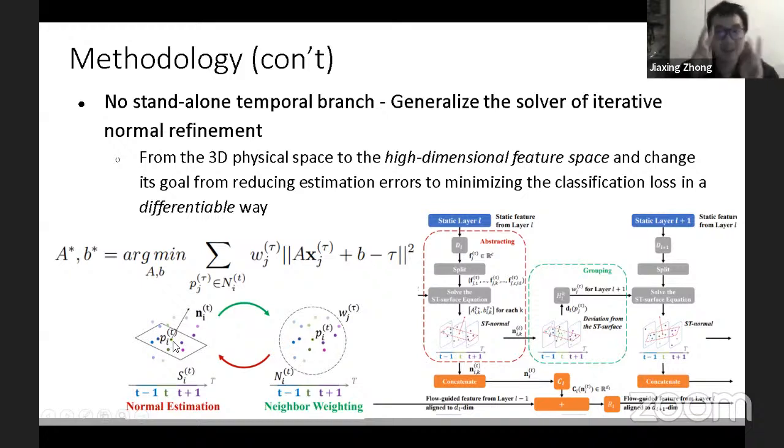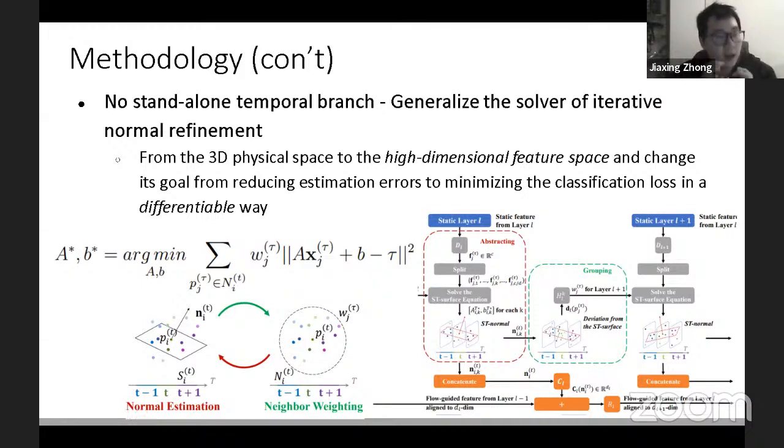Since these two steps correspond to each other, we can do some things by imitating or mimicking this process, such as in the abstracting process, we have the normal estimation calculation in the feature space, and in the grouping process, we select the neighbors of a certain center point, like the neighbor weighting process.